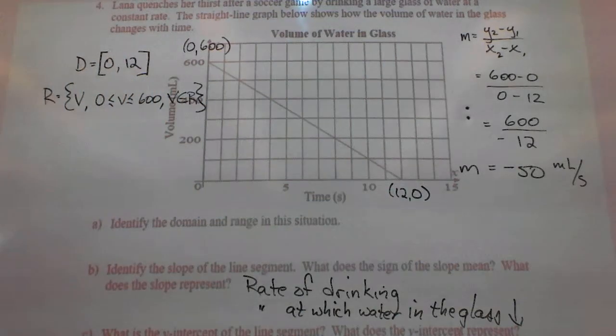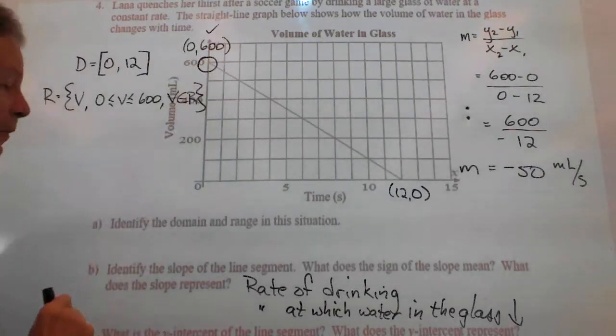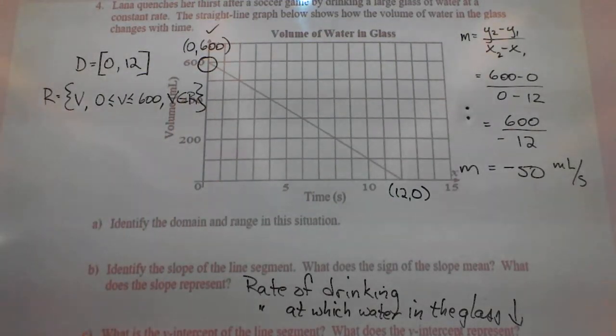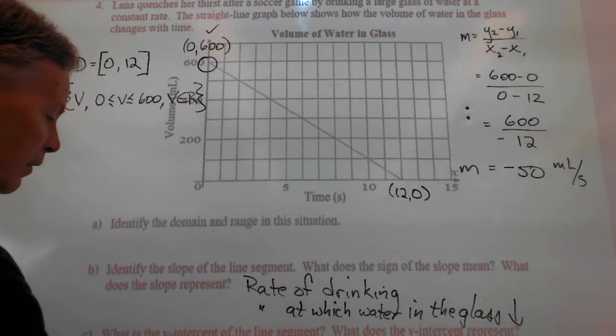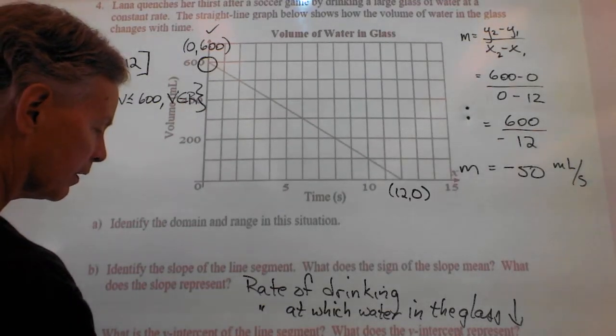Okay? What is the y-intercept? Well, remember we already talked about that. It's right here. There are the coordinates for the y-intercept. So the y-intercept is 600 milliliters. What does it represent? It represents the full glass before she starts drinking.